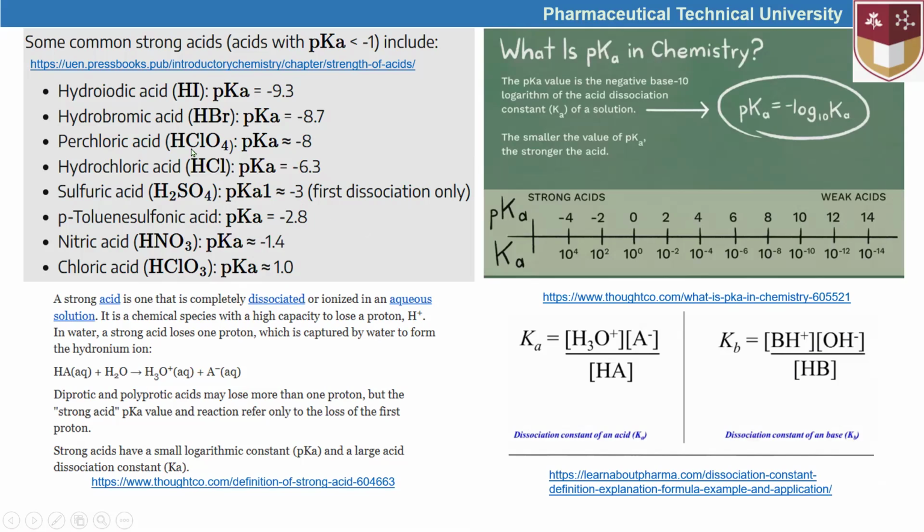So these are the pointers that determine the strength of acids.